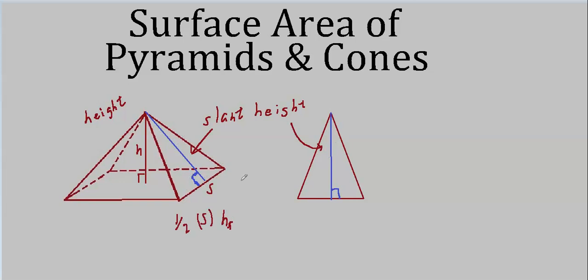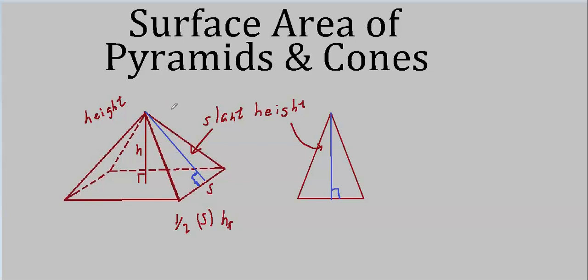So if we wanted the area of this pyramid, well, it's starting to look kind of obvious, isn't it? If we had 4 congruent triangles here, let's suppose we do, because we have a square here. This is a square pyramid, so each of these triangles would have the same base, unless they're tilted in a strange way. If we have the same angle with the base for each triangle, then these are all going to be congruent triangles.